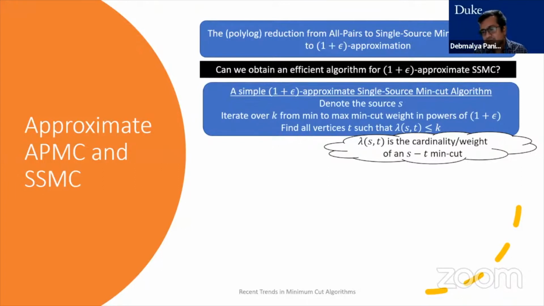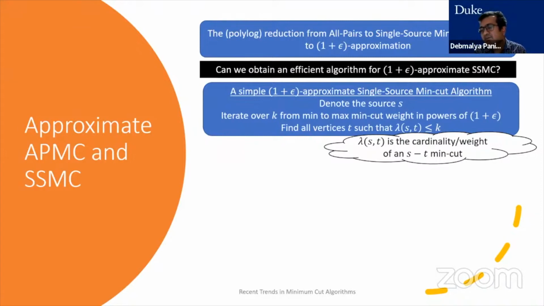For each of these geometric levels, I find all the vertices such that the min cut value from S to that vertex is at most k, at most the level I am at. Suppose I'm able to do that. Then trivially, I have solved the single source min cuts problem.